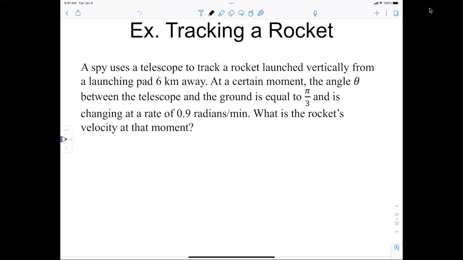I told you the last time I put examples into this lesson that expose you to different types of common related rates problems. So this is another one of them. This problem requires trig.